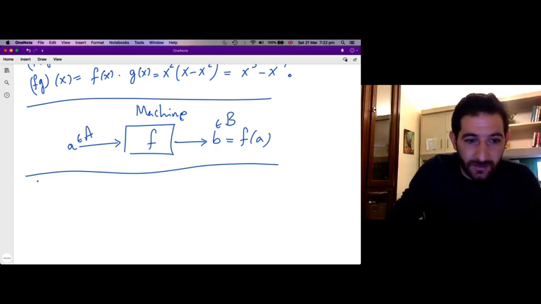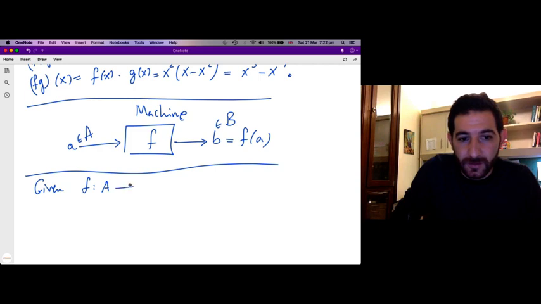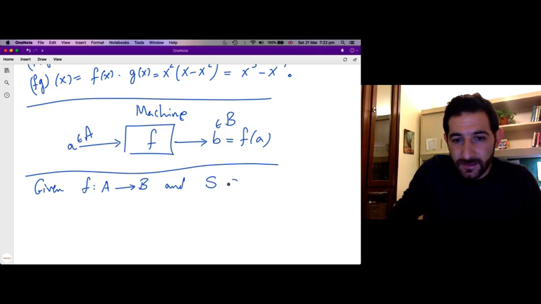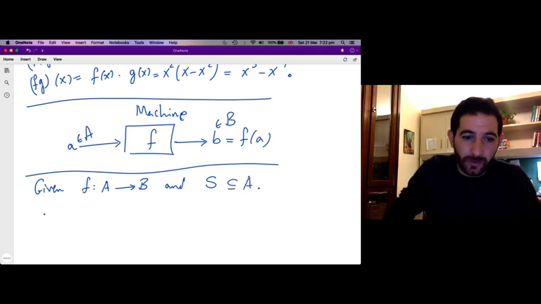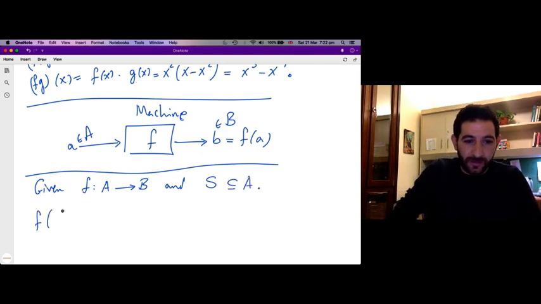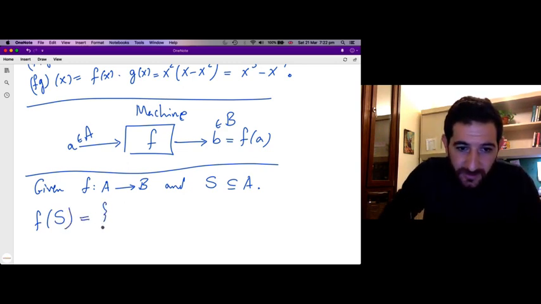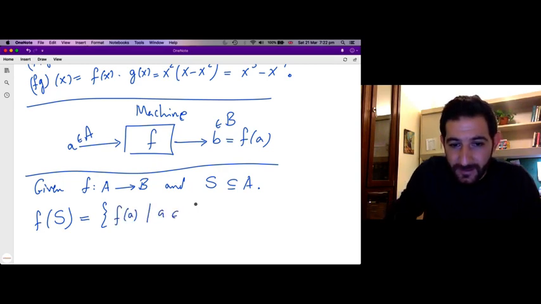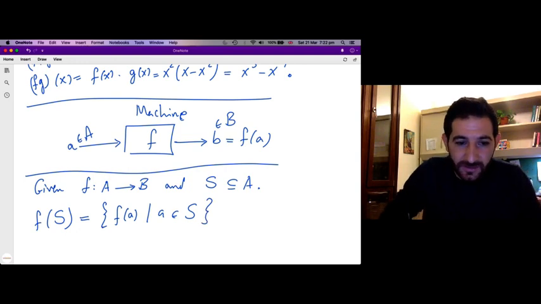So let's start here by saying, given a function f from A to B, and S is a subset of A. We want to define what is the image of the set S. This is the set of all f of a such that a is in S. Do you see what this set is? The image of a subset of the domain is the set of all the images of the elements in S.